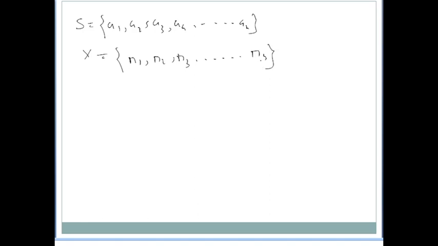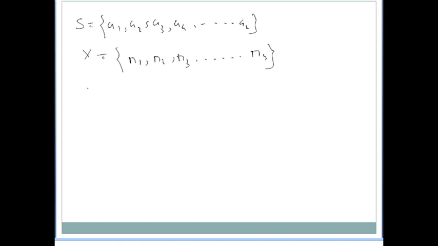Now let's say we have a sample space, and these are the events, let's say A1, A2, A3, A4, up to An. And let's say these are the random variables, R1, R2, R3, R4, and so on.